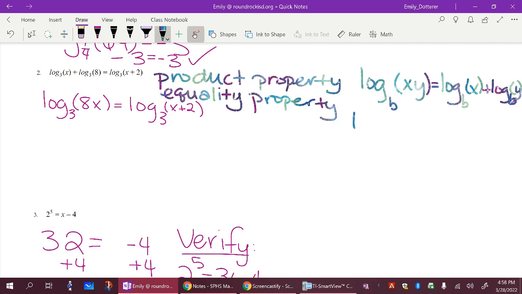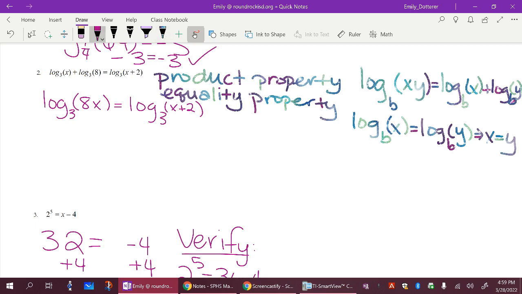We know that the log of whatever base of something, when that's equal to the log of the same base of something else, that means that those two arguments are equal to each other.